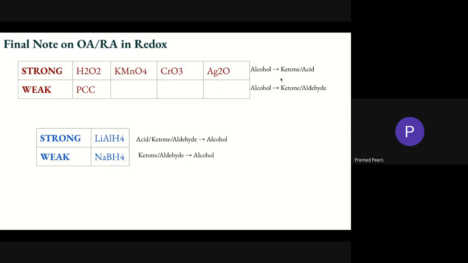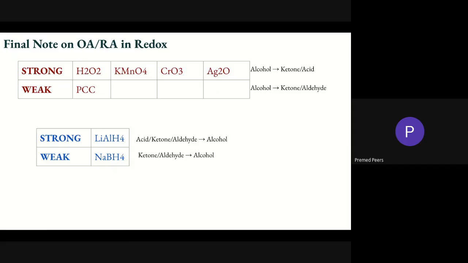With strong oxidizing reagents like hydrogen peroxide, potassium permanganate, chromate, dichromate, silver oxide, you will generate from the alcohol all the way to the carboxylic acid.